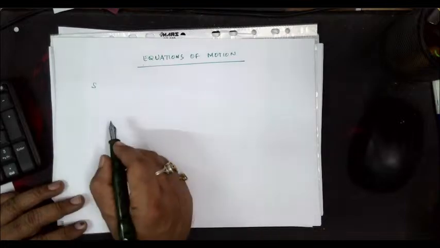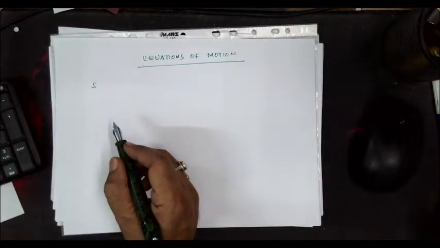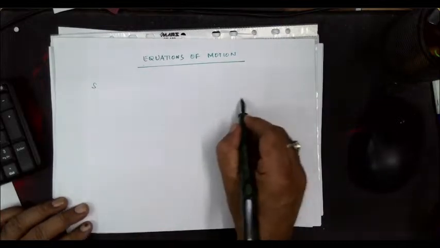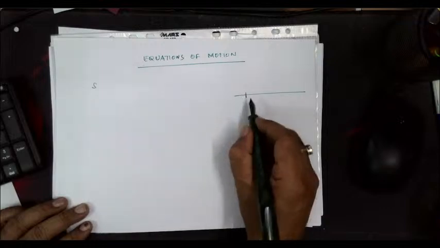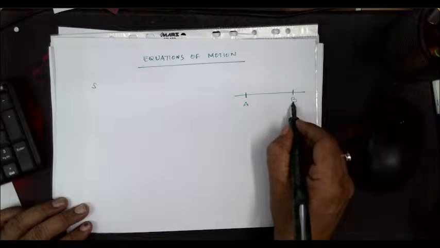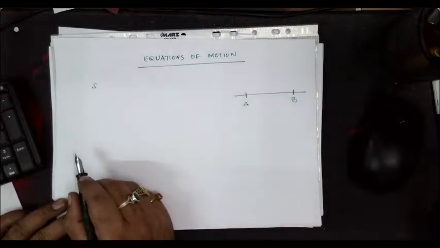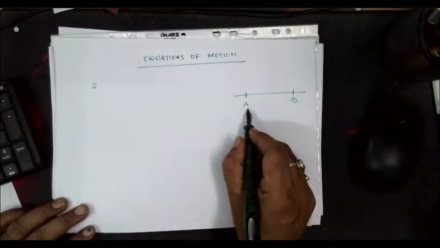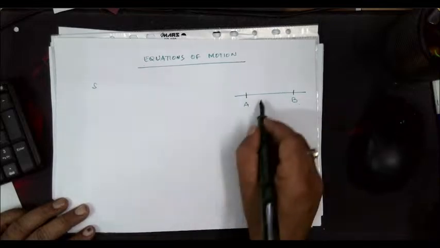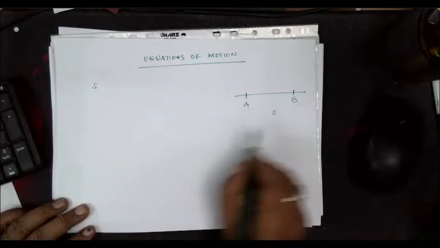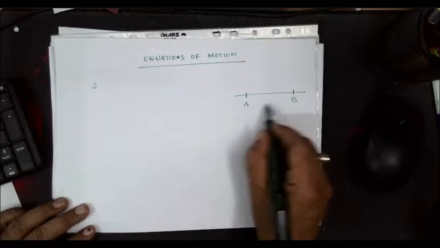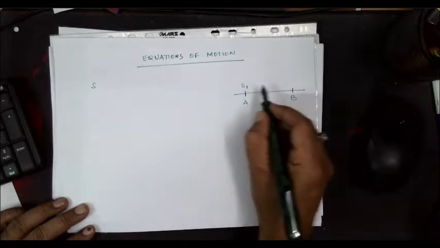Displacement is indicated by S, and this displacement is nothing but, let me consider position A, position B. So from this position to this position there is a displacement, and that is represented by S. Actually we can call it S1 and S2.